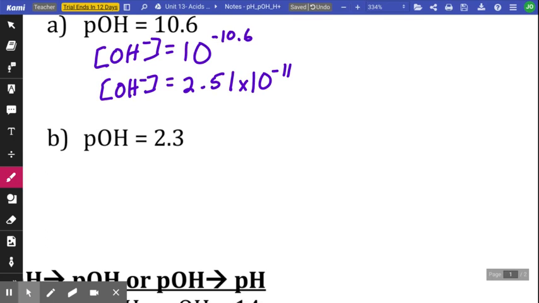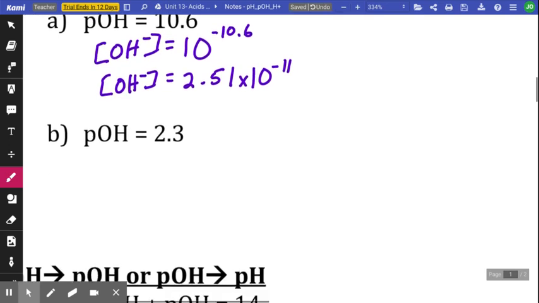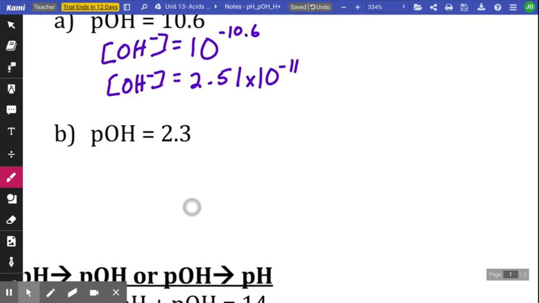Moving on, here I've got B. Again, same scenario. I'm trying to find the hydroxide concentration. I'm given the power, so I will do my hydroxide concentration equals 10 to the power of the negative pOH, which in this case is 2.3.